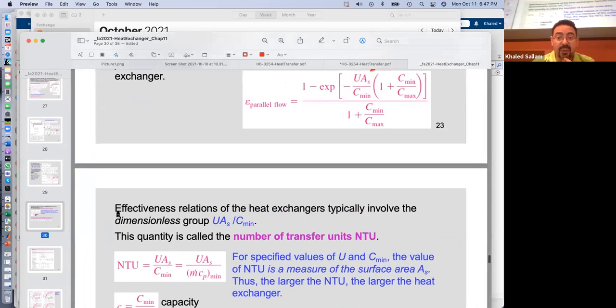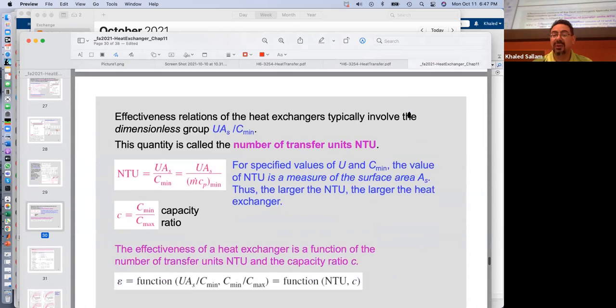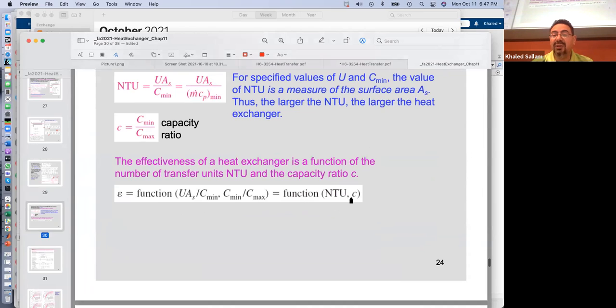So then this equation, at the end of the day, is a function of two things: number of transfer units and the ratio. So the MATLAB code that you will find posted on our Canvas is like the EES team. We used to give it h and T and tell it, give us the pressure, or give it the entropy, give it two properties and ask for the third.